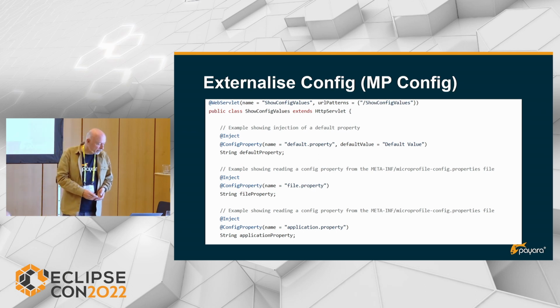Those config properties can come from configuration sources, and those configuration sources can be provided by the runtime. They can come from Kubernetes secrets, properties files, or some Vault in Azure or AWS. So you need to externalize config.